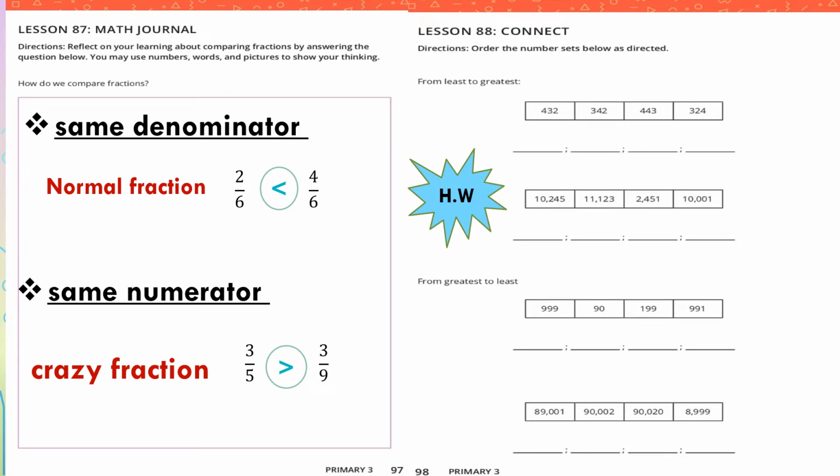Which is smallest here? 324, then 342, then 432, and the last one 443. Complete this page as homework.